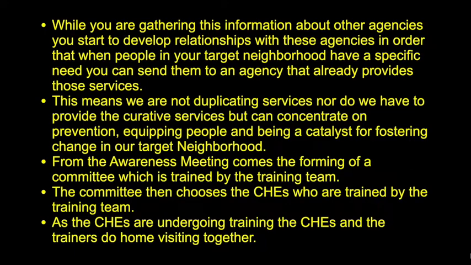This means we are not duplicating services, nor do we have to provide the services ourselves, but can concentrate on prevention, equipping people, and being a catalyst for fostering change in our target neighborhood.